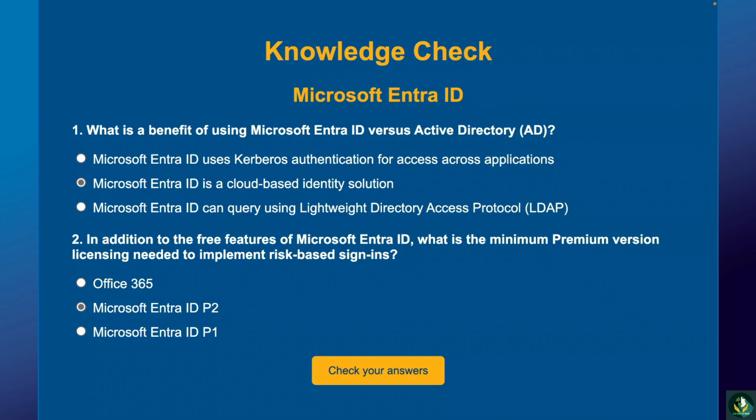For organizations requiring advanced identity protection and access management, P2 is the recommended tier. Understanding these licensing tiers is crucial for organizations to choose the right level of identity and access management capabilities for their needs.